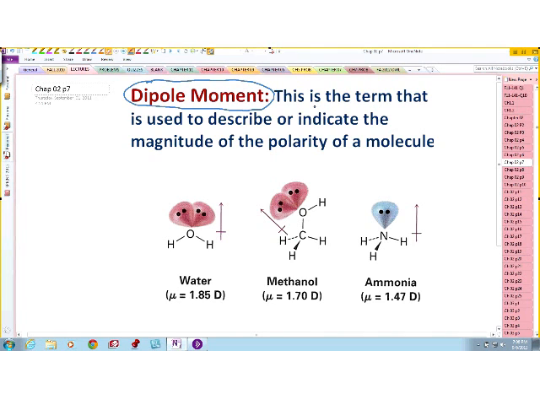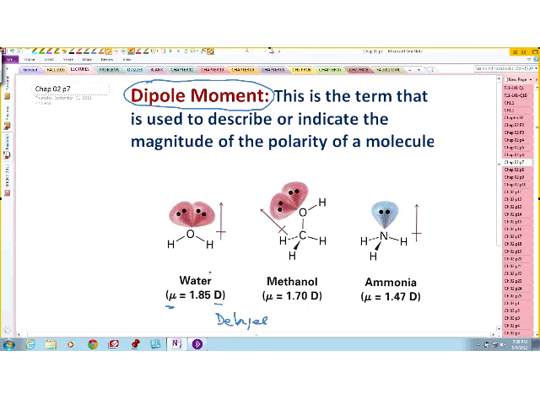So anyway, take a look at all these molecules here. We have the water molecule. We could measure the dipole moment. The dipole moment is given as mu, and the unit of measurement is what we call the debye. That is just the unit of measurement. So we say water has a dipole moment of 1.85.